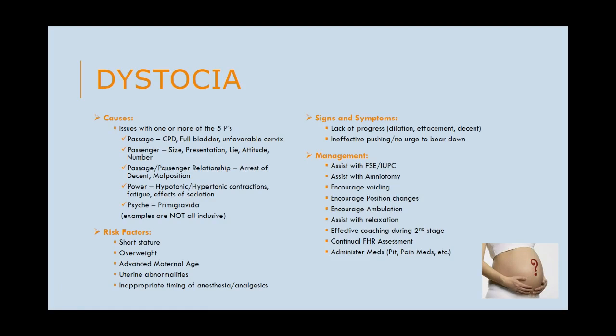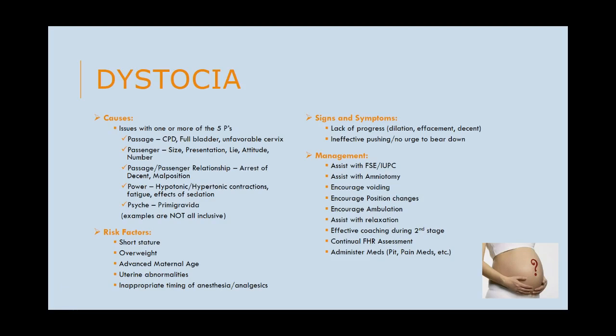This is very important because if we have someone who's experiencing dystocia and it's related to the power portion of our 5 critical P's, then we can use that IUPC to determine how well our Pitocin is working in terms of augmenting labor.